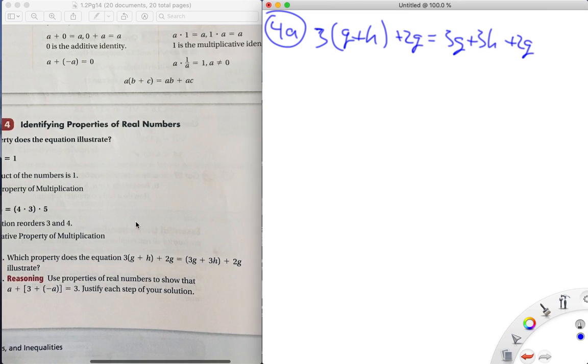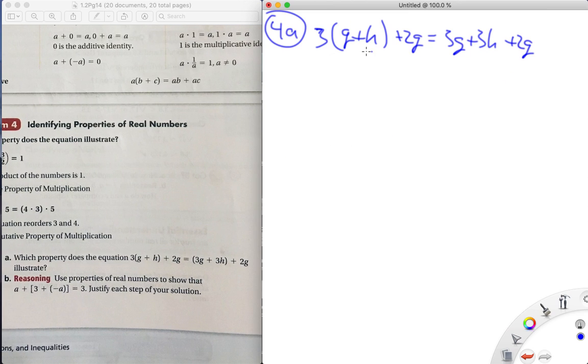And they want to know which property that is. This is an example of the distributive property. The sum inside, G plus H, is being multiplied by 3 to give me 3G plus 3H, so this is the distributive property.